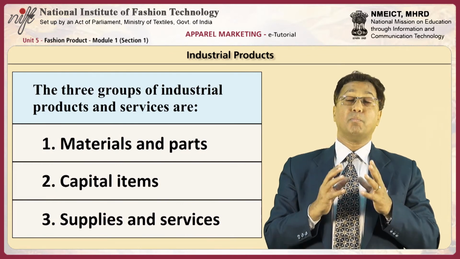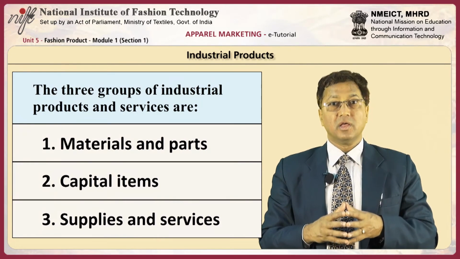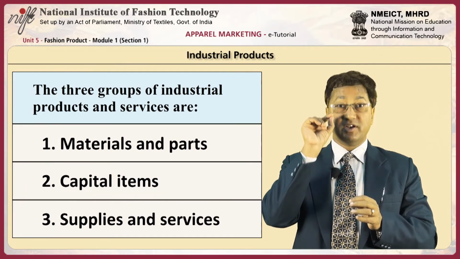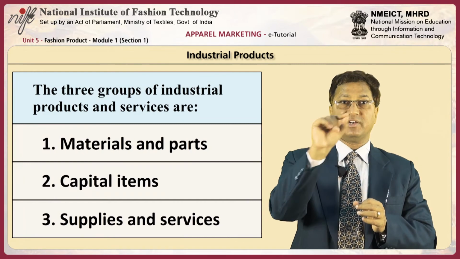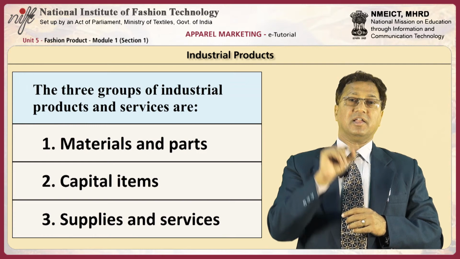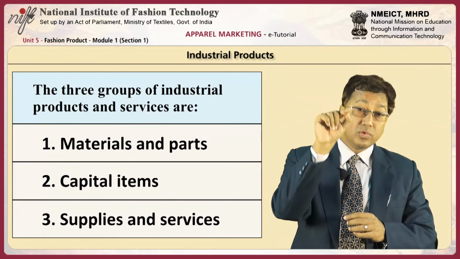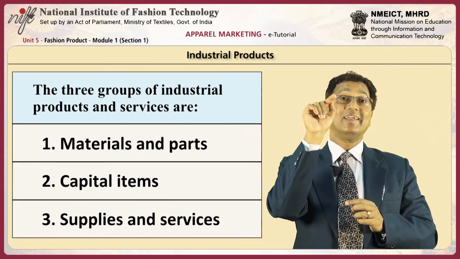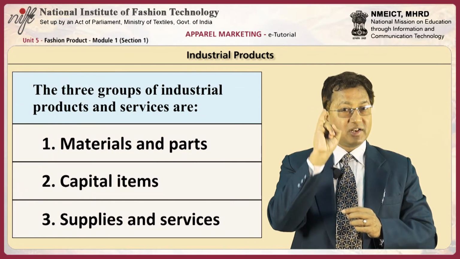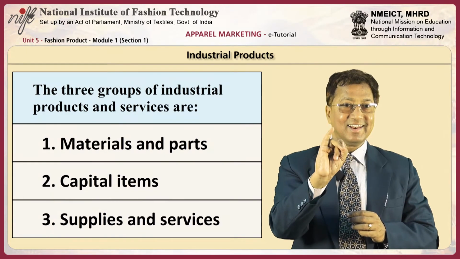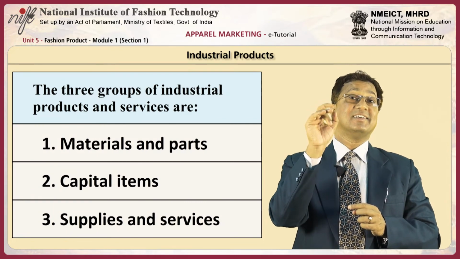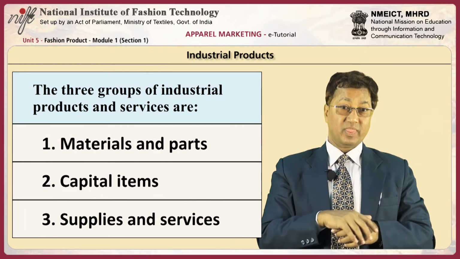Materials and parts include raw materials and manufactured materials and parts. The raw materials consist of goods found in their natural state, such as minerals, land, and products of forests and the seas.